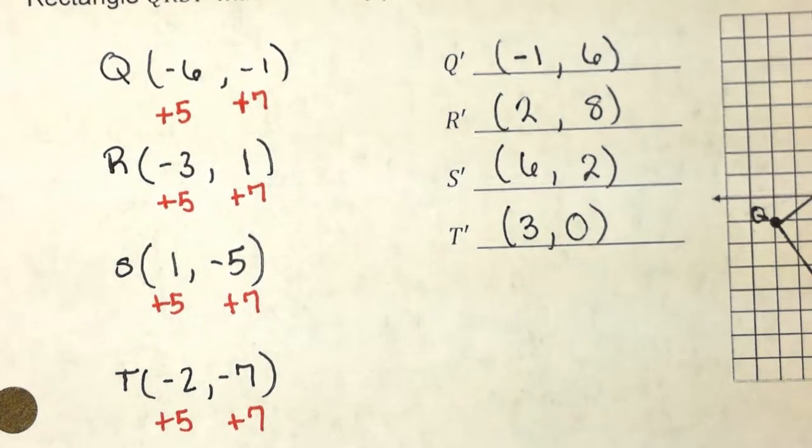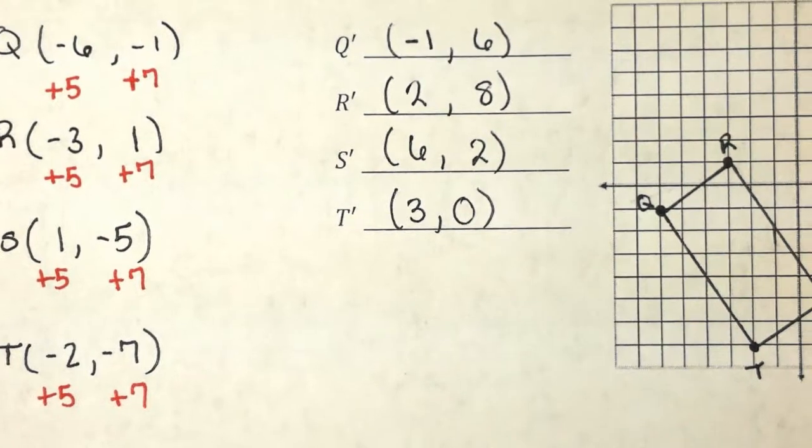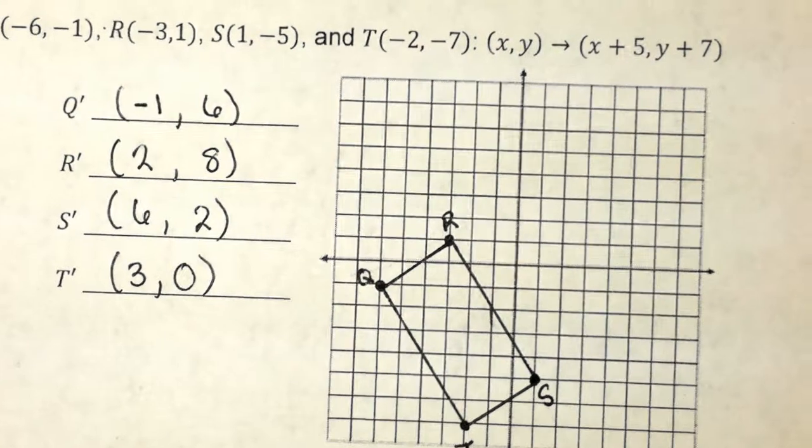These are my new coordinates after the translation of (x + 5, y + 7). Once you get those coordinates, then graph your image.